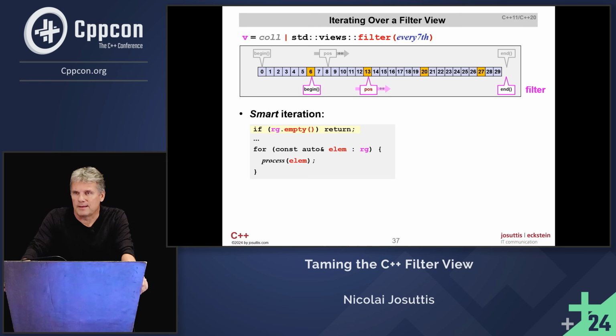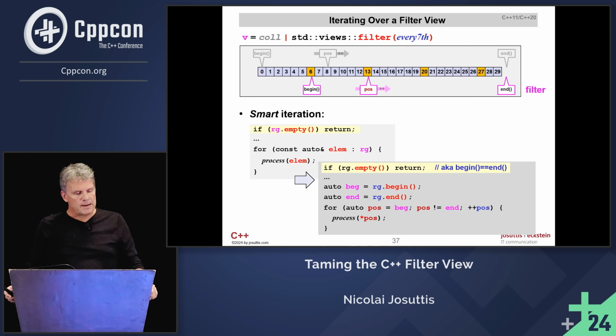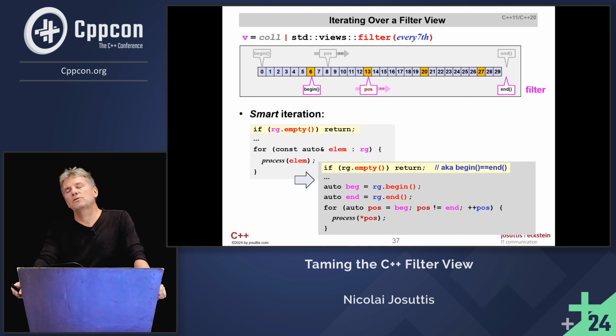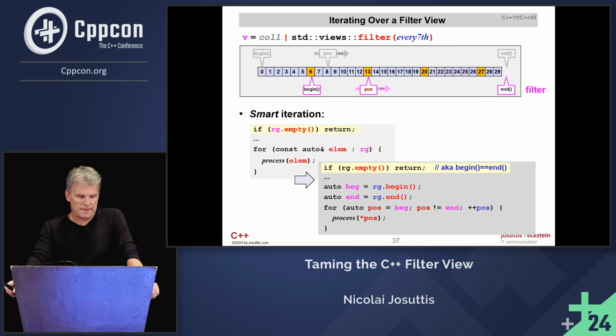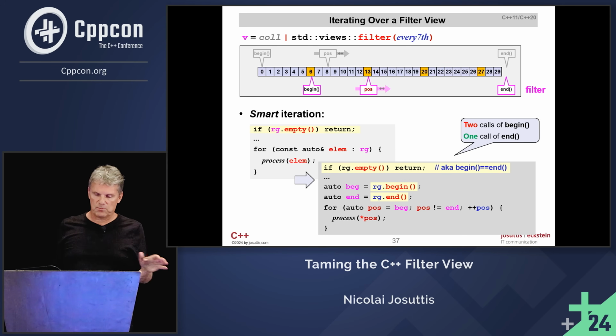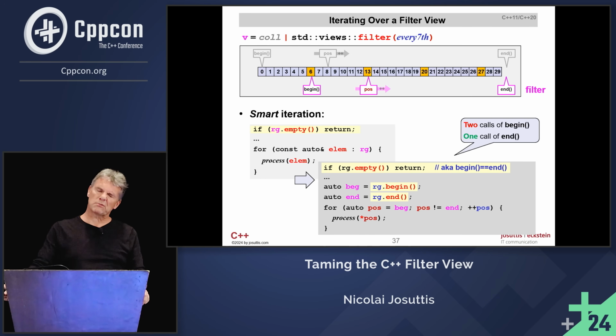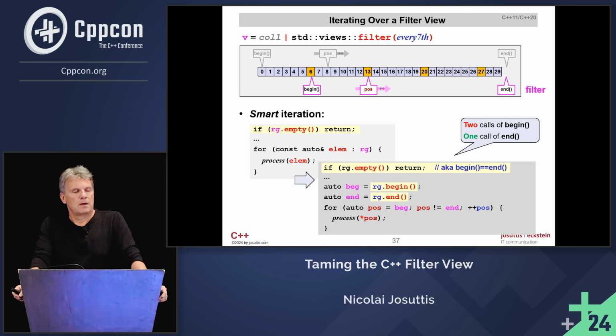Very common, I would say. Now that's interesting what that means. It means that empty, aka calling begin or doing the same as begin does in the filter view, compares with end. And that means at the end we have 2 calls of begin and 1 of end. Does it make us nervous? No. It means that checking for emptiness might cost time here.